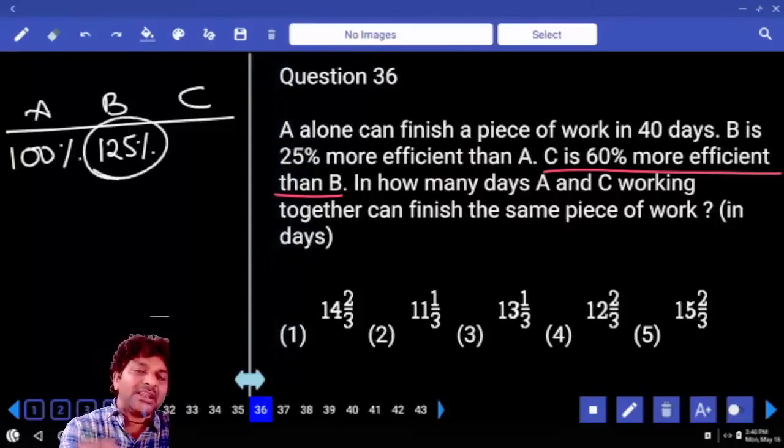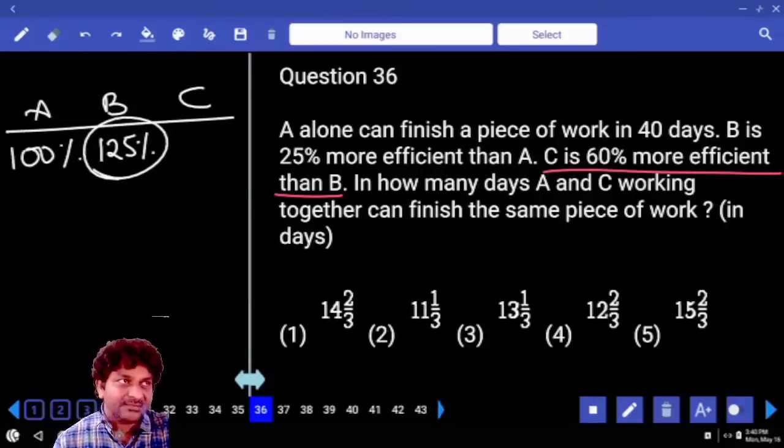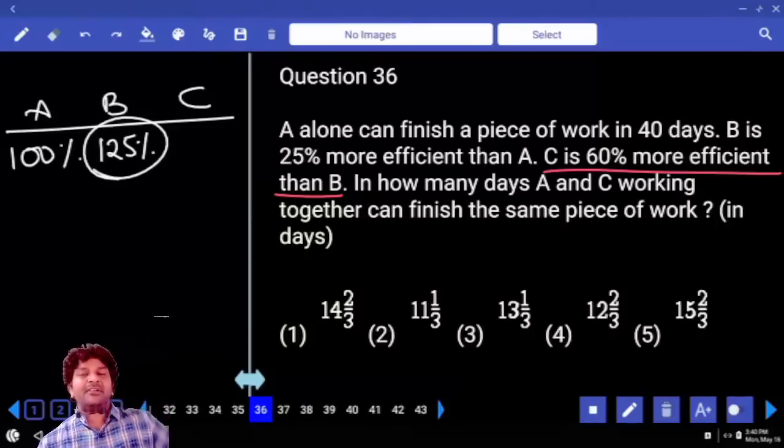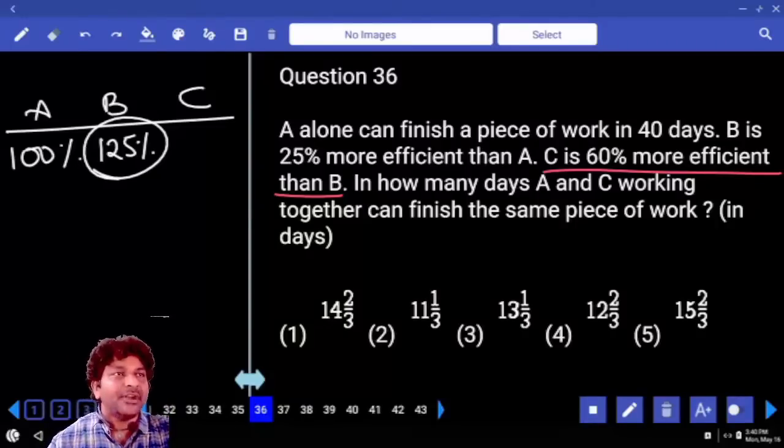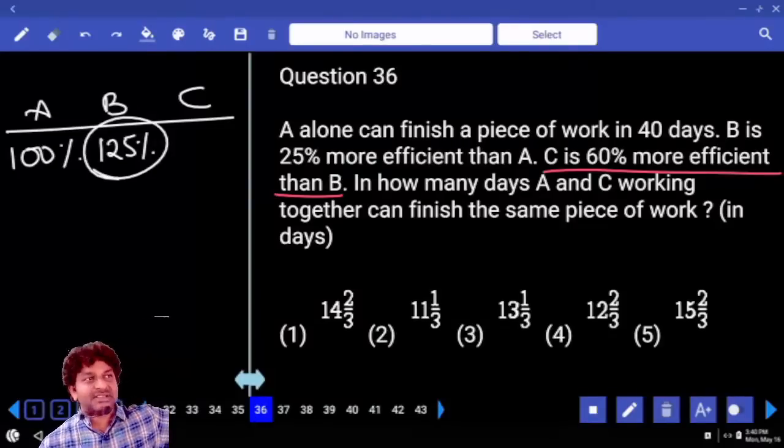Next, C is 60% more efficient than B. So now we have to calculate 60% of this number, correct? How do you get 60%? 10%, double and triple. There are multiple ways. 10% into 6. What is 10% of 125? Into 6 will give you the answer. But is it so comfortable? No. Another way is 50% plus 10%. 50% plus 10% is also 60.